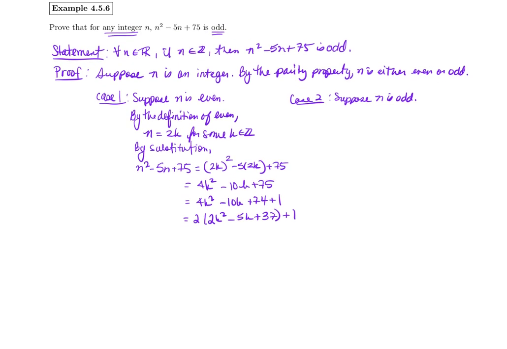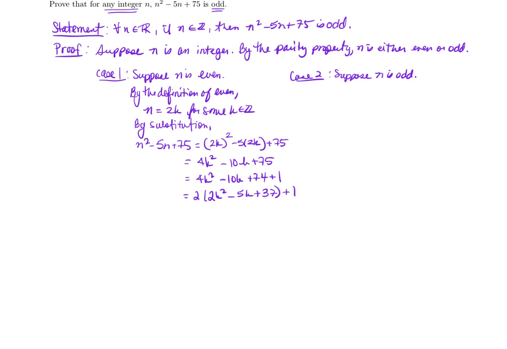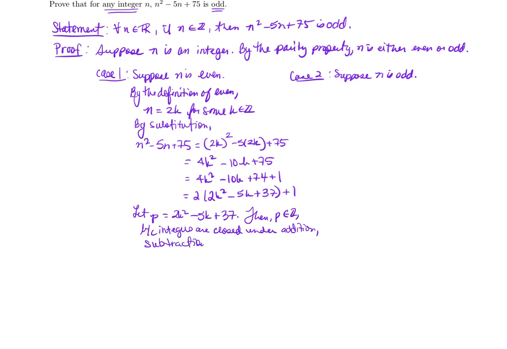So now to continue our proof, let's let p equal 2k squared minus 5k plus 37. Then we know that p is an integer, because integers are closed under, well, let's see, what all do we have? Addition, subtraction, and multiplication. We got them all.